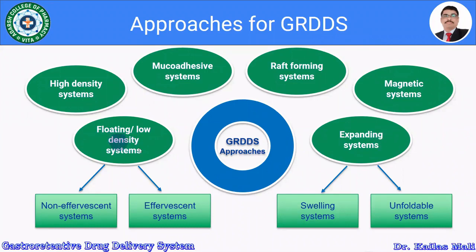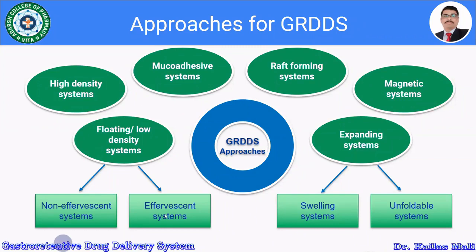Floating or low density systems are further divided into non-effervescent systems and effervescent systems. And expanding systems are divided into the swelling systems and the unfoldable systems. So these are the various approaches by which it is possible to design and develop various gastroretentive drug delivery systems.